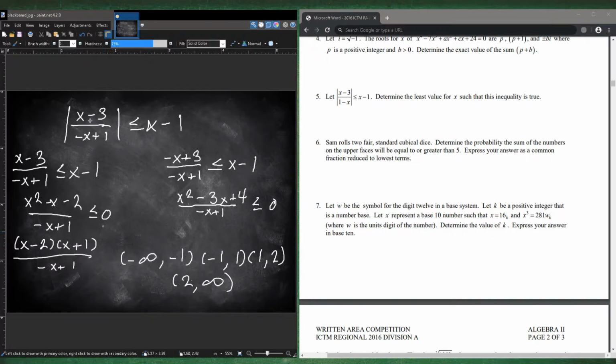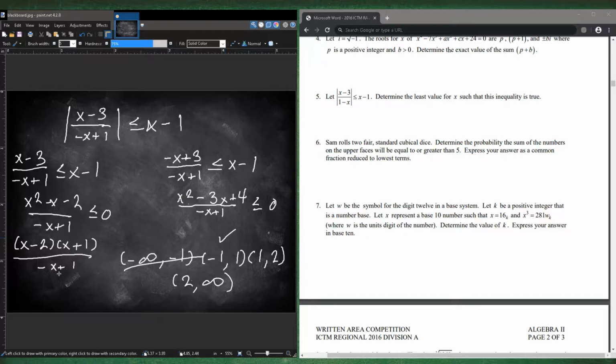So you want this to be negative. If we put in, let's say, -2, that's a negative times a negative over a positive. Negative times negative is positive, and positive over positive is positive. So this one doesn't work. Between -1 and 1, let's just put in 0. That's -2 times a positive, which is negative, over a positive, which is a negative.